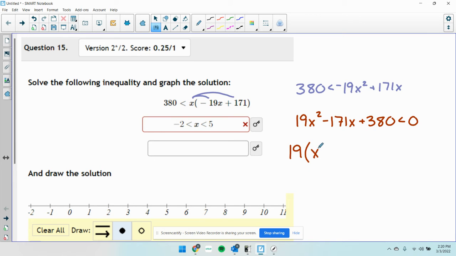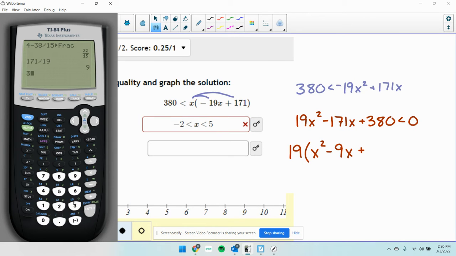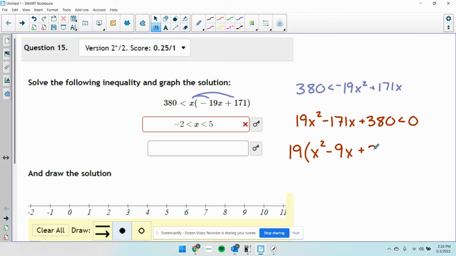I'm left with x squared minus 9x plus, if you take a 19 out of 380, I believe you get 20. We do 380 divided by 19, you get 20. So this is going to be plus 20 is less than 0.